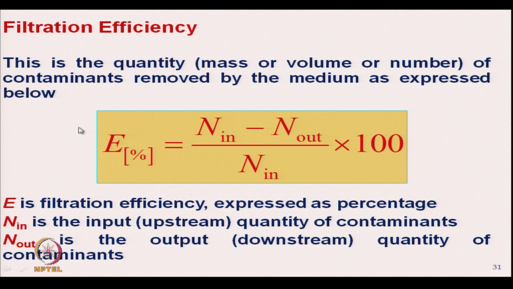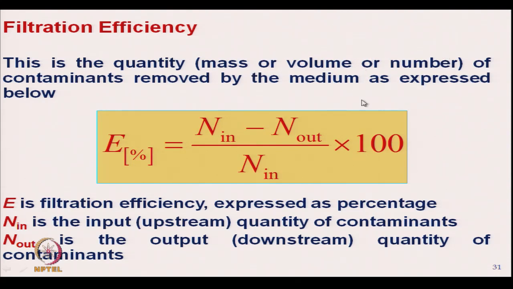The filtration efficiency E is expressed in percentage, where N in is the input, that is the upstream quantity of the contaminants. This may be in terms of mass or volume or number. Typically, we use it in terms of mass or in terms of number.